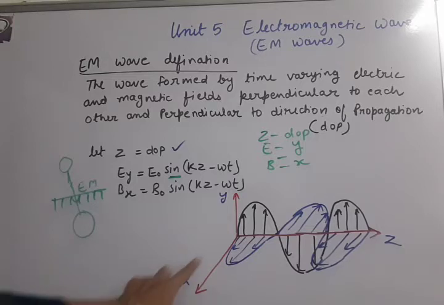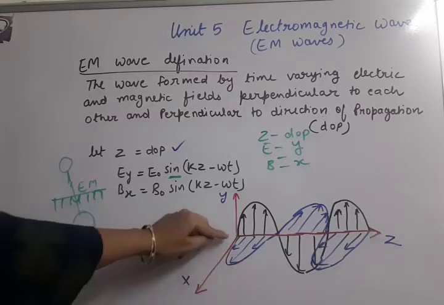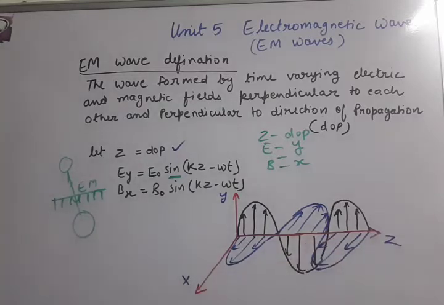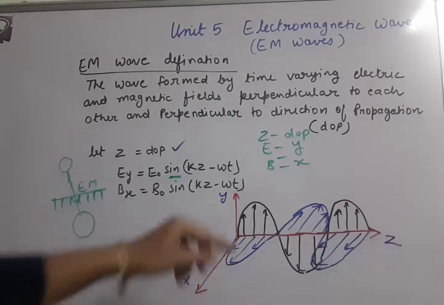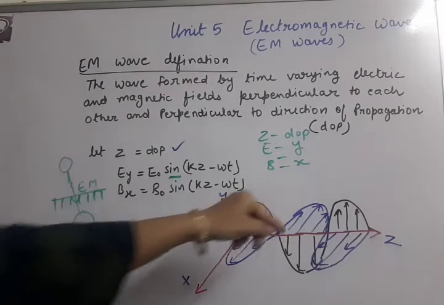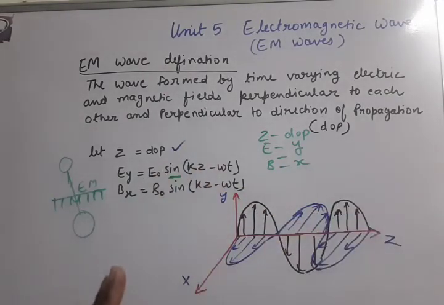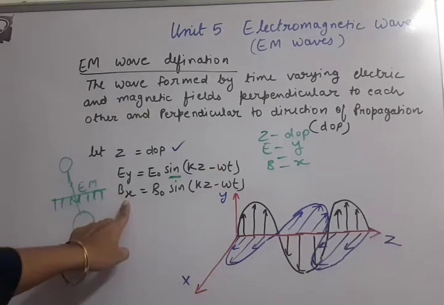So the magnetic field should vary in the X direction. You can see this blue color wave; this is a 3D picture, so its vibration is going on perpendicular to the board. So here we have to write Bx.